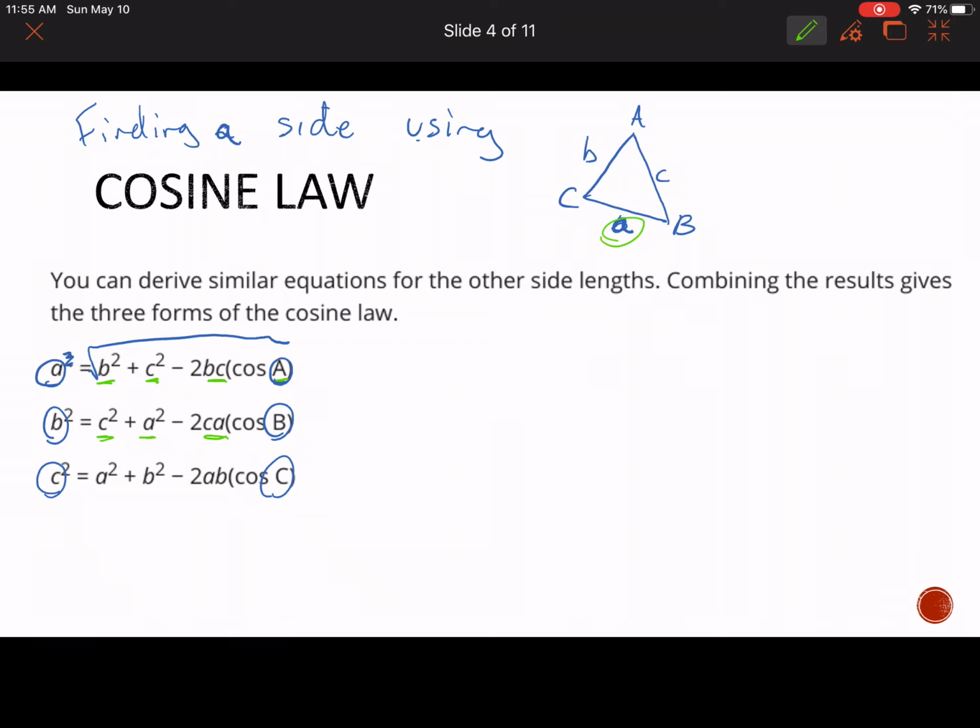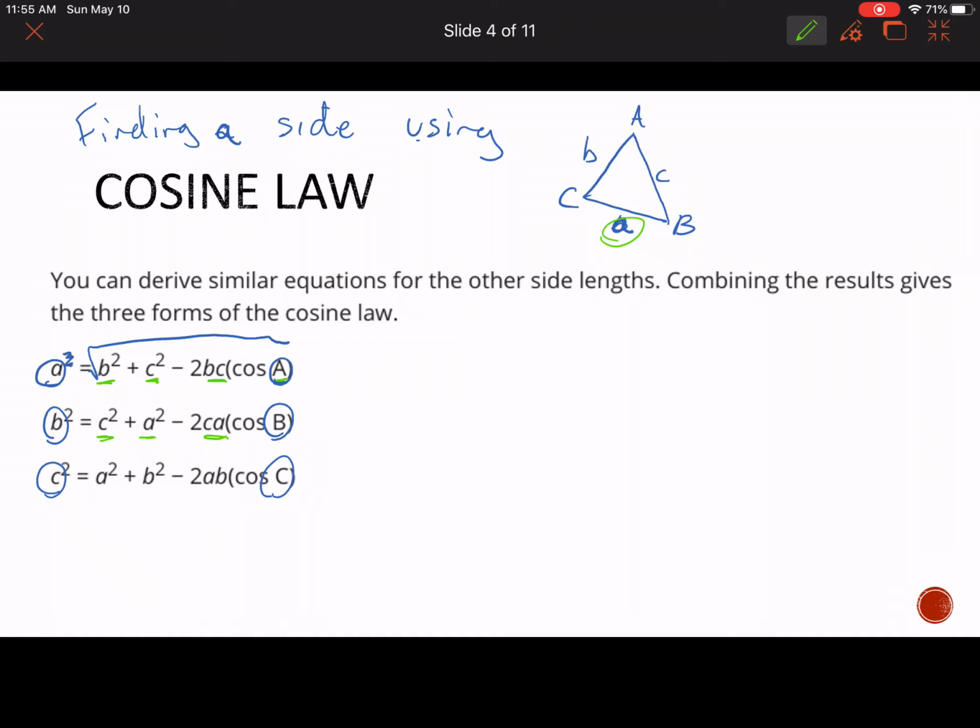If we're solving a triangle, we usually use this to find one side, and then use the other, or use sine law to find other ones. So you can derive similar equations for the other sides. Combining the results gives you 3 forms of the cosine law.